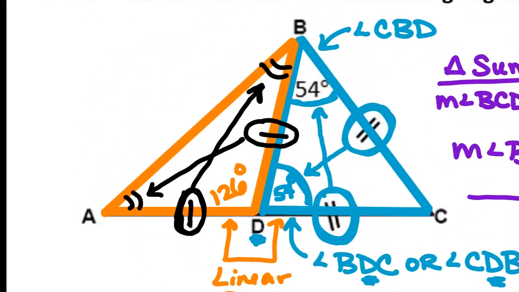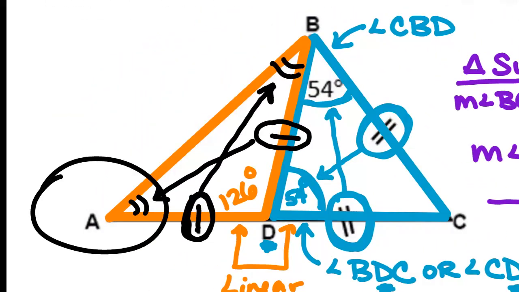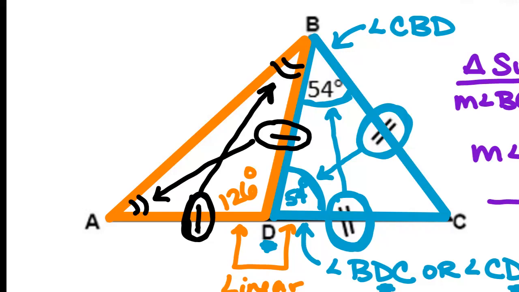All right, we need to figure out how big those are. Do we have any idea how big angle BAD or angle ABD is? But I do know they're the same size as each other, right? You guys okay if we call them x?